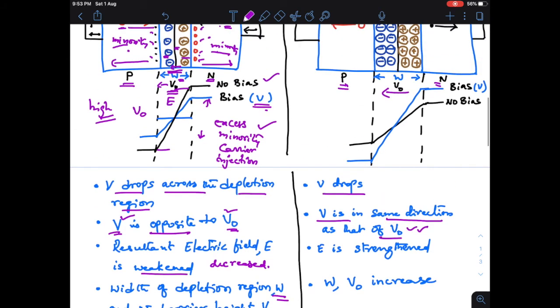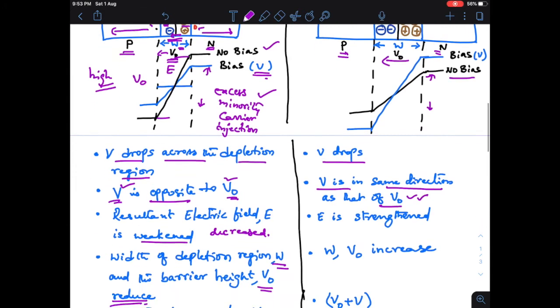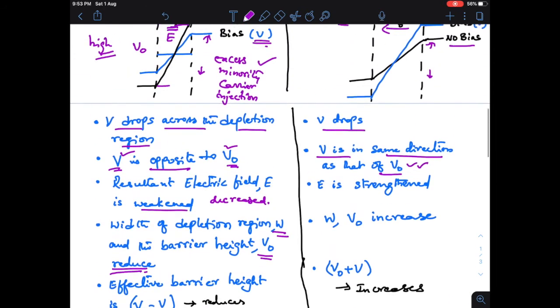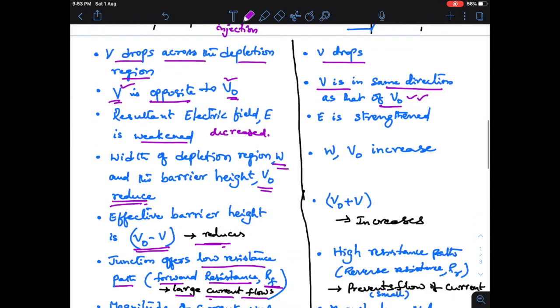Now look at this. This is the equilibrium barrier potential with no bias. Now in this case what happens? Because these two are in the same direction, the effective barrier height is V naught plus V, which increases.